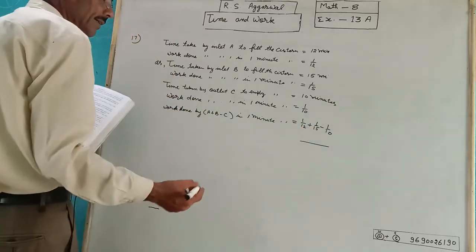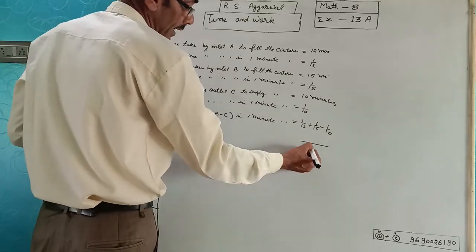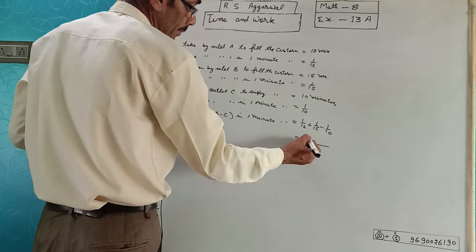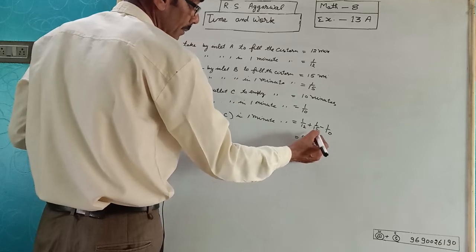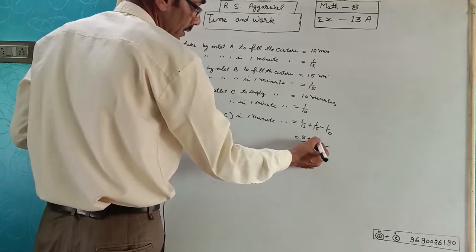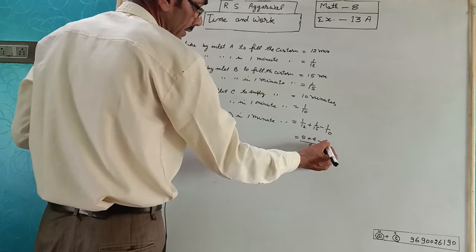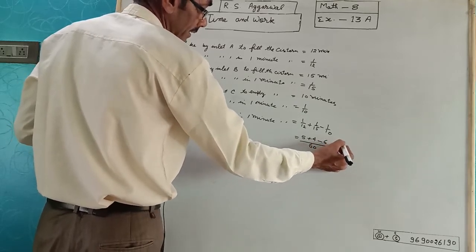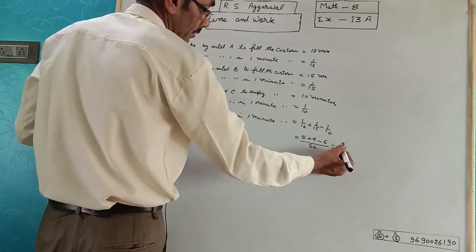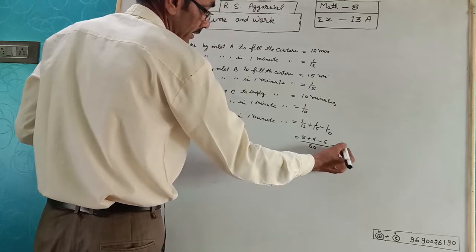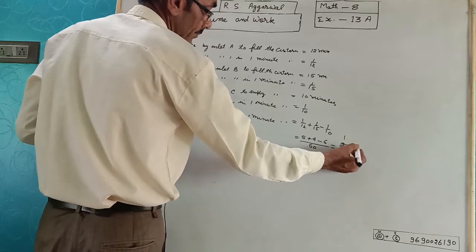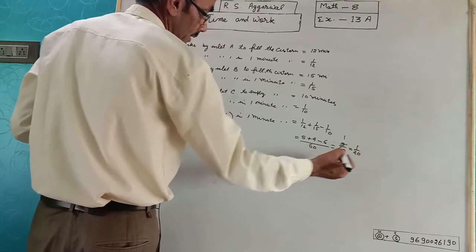Take the LCM. LCM is 60. 60 divided by 12 is 5, divided by 15 is 4, minus 60 divided by 10 is 6. After 9 minus 6 is 3 upon 60. Dividing by 3, we get 1 upon 20.